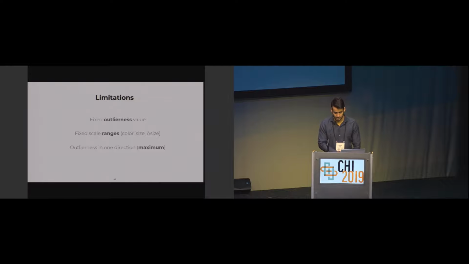But the design space is huge. So, for example, with a different color map, we could get more or less visual saliency. So the effect of color may have been underestimated. And we also tested outlierness in a single direction only. So all the outliers had much higher value than the average.